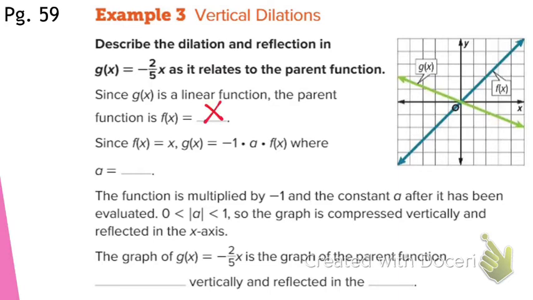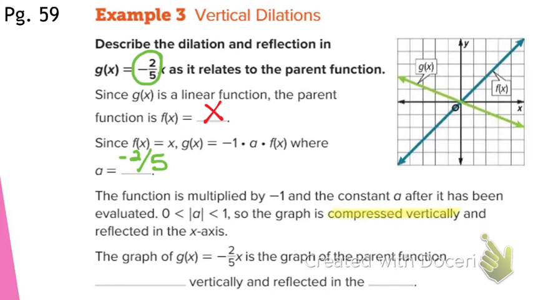Okay, so y equals x. Now, looking at this equation, this is my a value. So that green, negative 2/5, a is negative 2/5. That's going to cause two transformations. Because it's negative, it flips across the x-axis, and it also compressed.